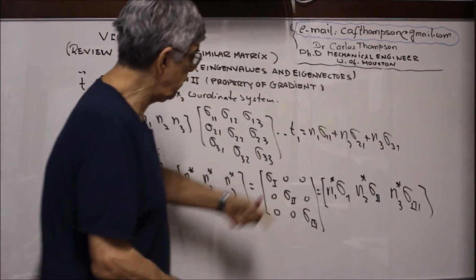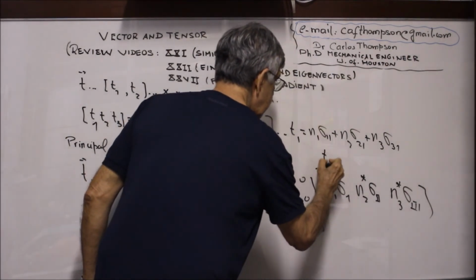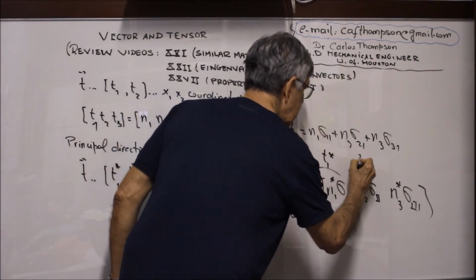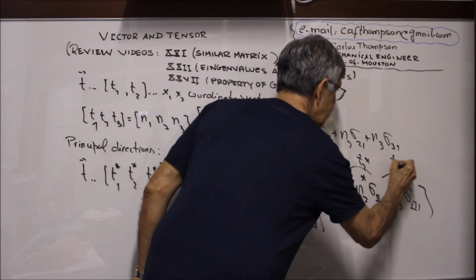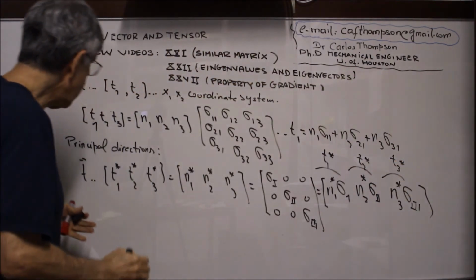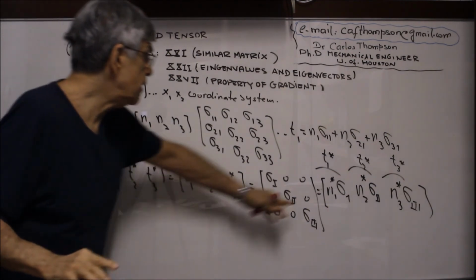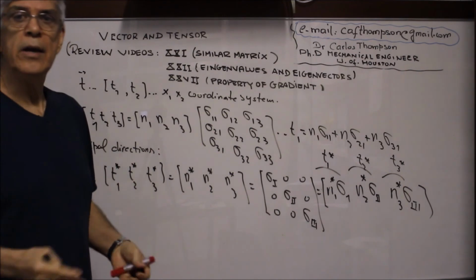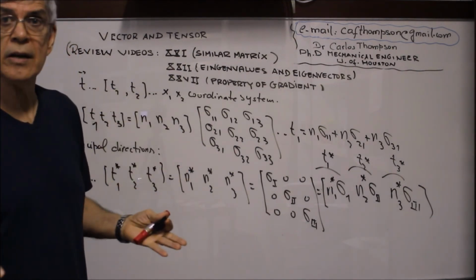You see? Look, very simple. This will be T1 star, T2 star, and T3 star. And all the results using this system or using x1, x2, all the results will be the same.